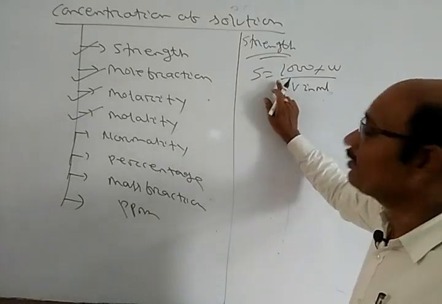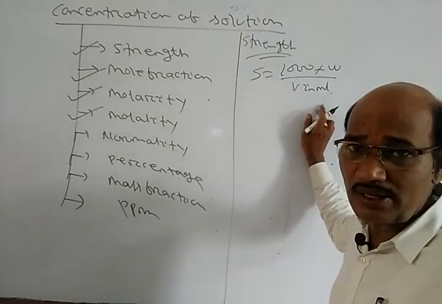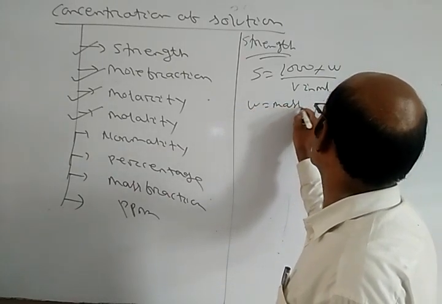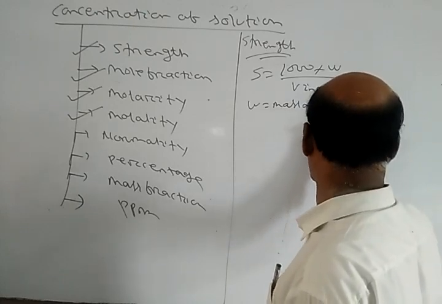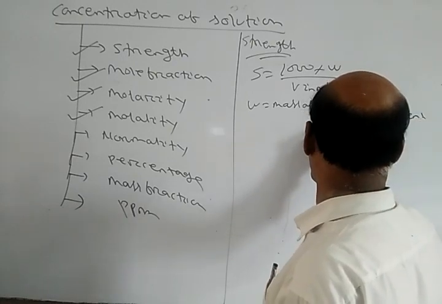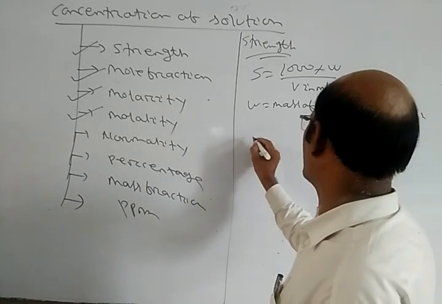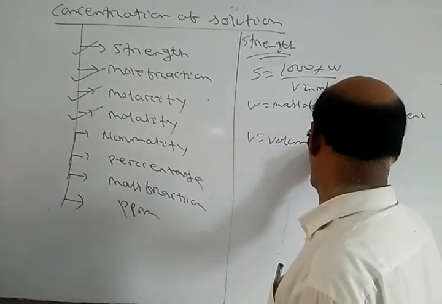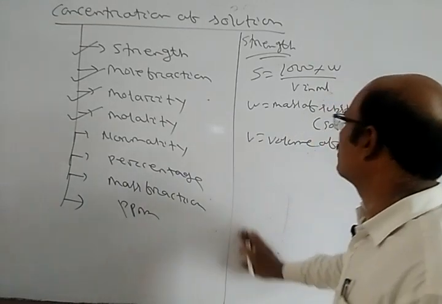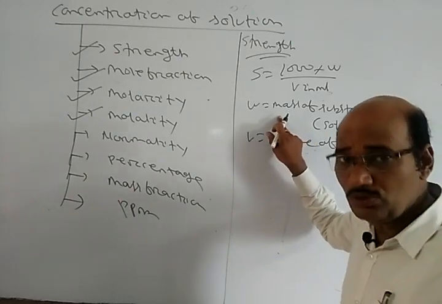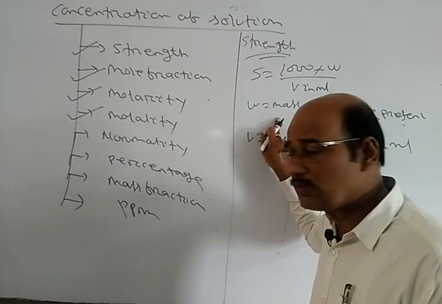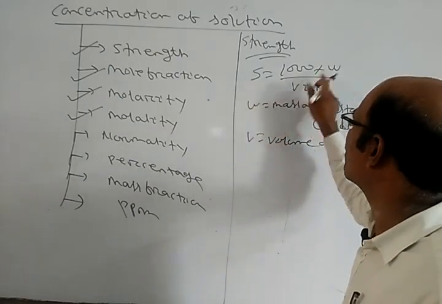Here W is the mass of the solute present, and V is the volume of solution in ml. So if W gram of solute is present in V milliliter of the solution, then the strength of the solution is S equals 1000 W by V in ml.